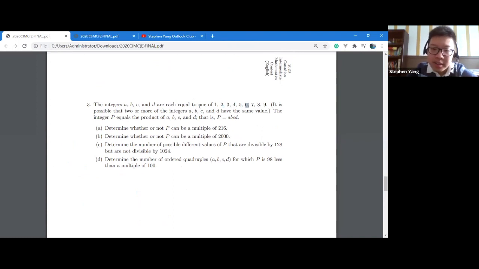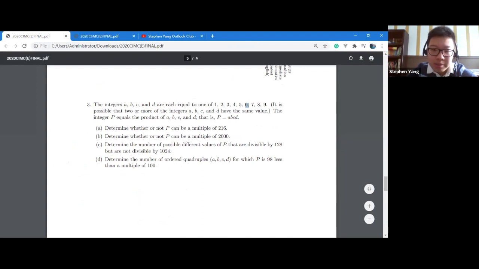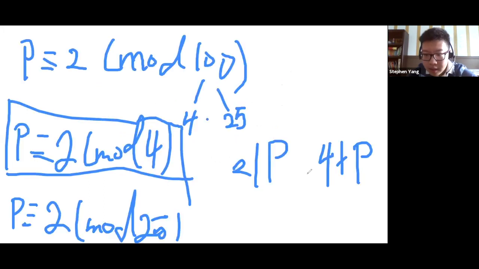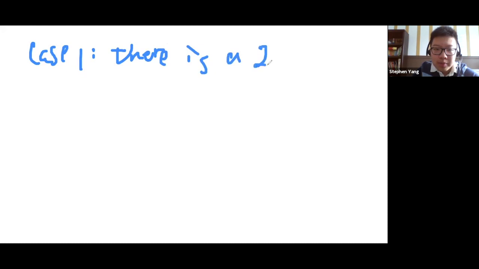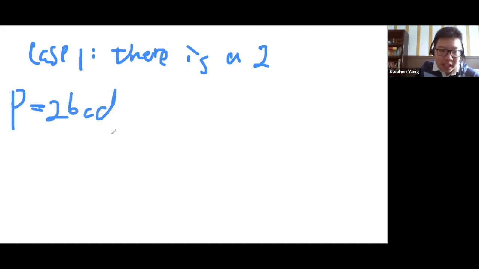So let's just consider one of them is a 2, so case 1. Then we can know that P is equal to 2BCD, say A is 2.